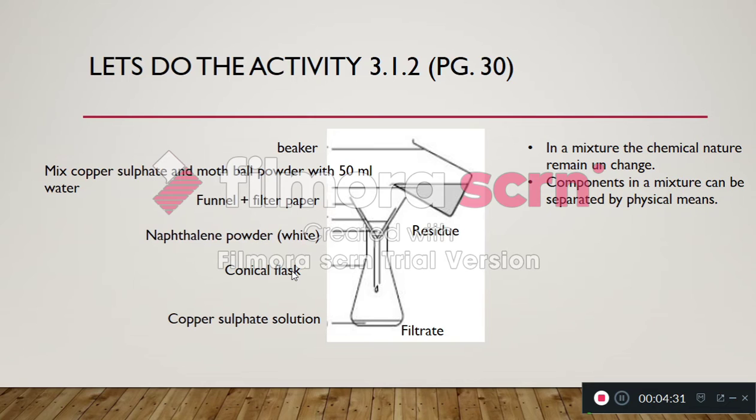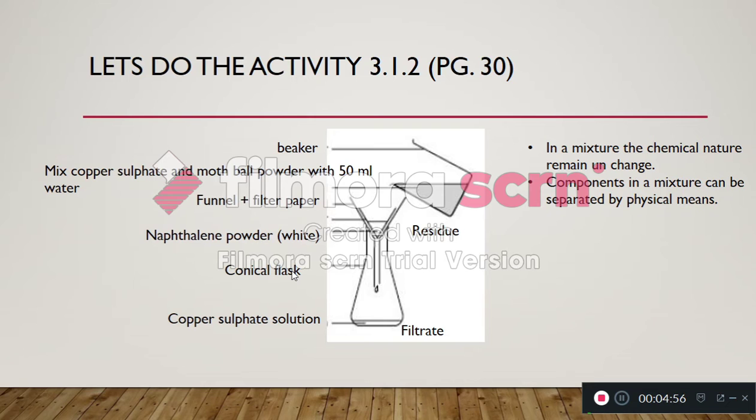Stir it well, then take a funnel and insert the filter paper, then pour the solution into it. You can observe some muddy-like substance will remain on the filter paper and a blue solution will filter into the conical flask.